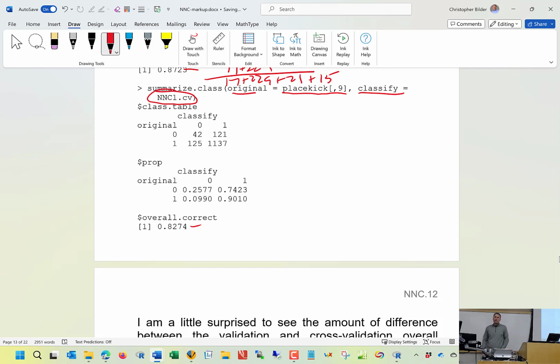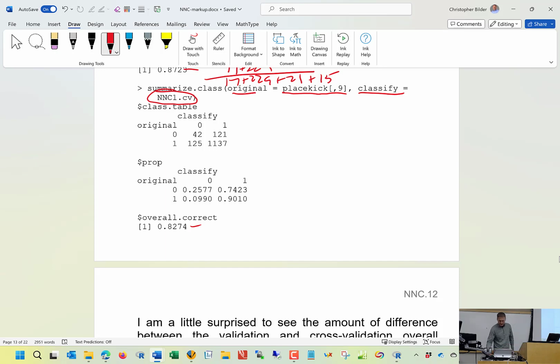This is a little bit unusual, to have the cross-validation being less than what the validation is, but I think it's due to the fact that our data set is so heavily weighted in terms of the number of successes. I think that's probably why this happened. There's not a whole lot of really failures out there for the validation data set.